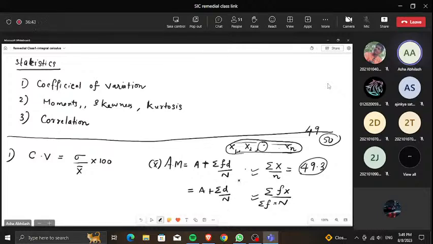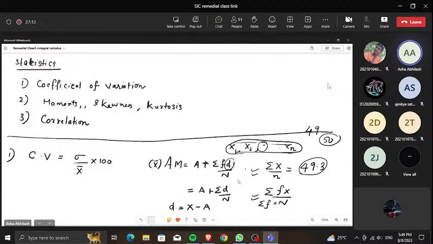What is this d? D is nothing but the deviation from the corresponding values. So if you take a as an assumed mean, then the deviation of x, the given values, from a, each of these deviations we call d. So this d is given over here.